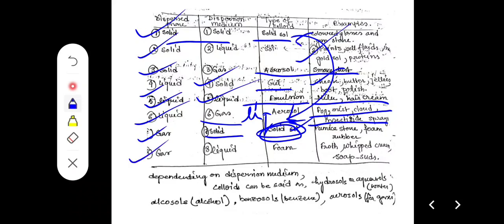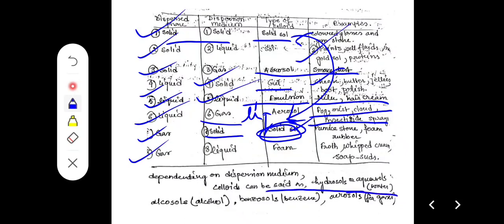And if the dispersed phase is gas and the dispersion medium is liquid, the type of colloid is foam, for example whipped cream and soap suds. Depending on the dispersion medium, colloids can be called hydrosol or aquasol if water is the dispersion medium.